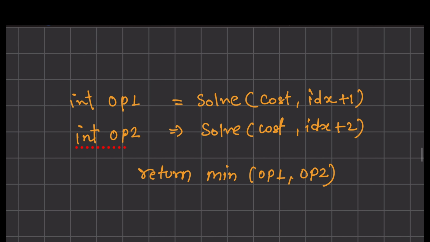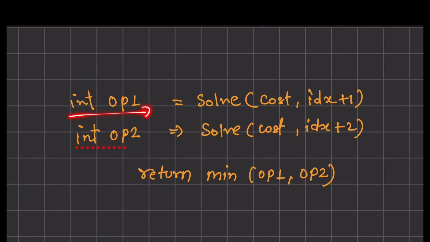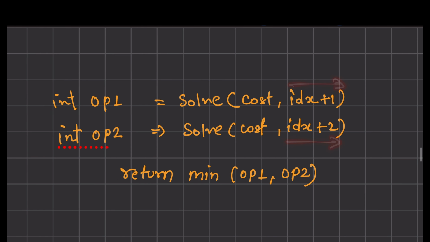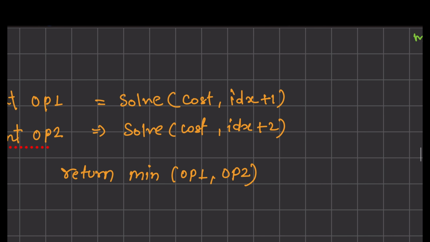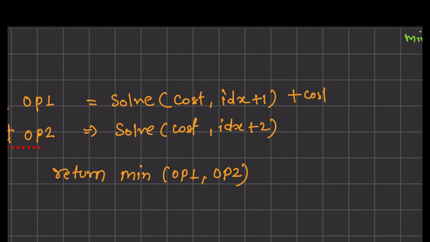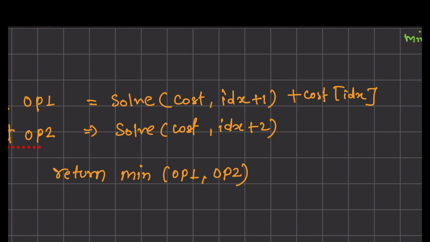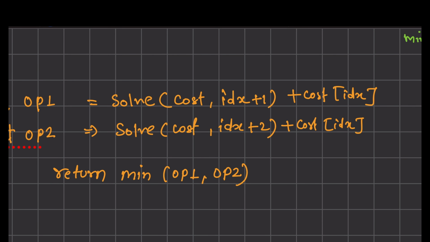So as we discussed, at each level we have 2 options, option 1, option 2. First option we take 1 step, second option we take another step. Plus we also need to add the cost required to reach this index, which is cost of index i. So we will add cost of idx to both.